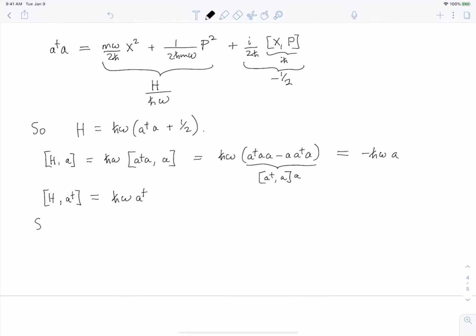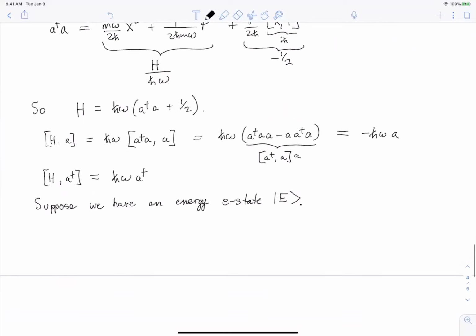So suppose we have an energy eigenstate. I'm not going to label it by n. Instead, I'll just label it by E, and we'll figure out what E is later, hopefully with the same answer. So I'm now calling it E. Before I called it psi, just for variety.